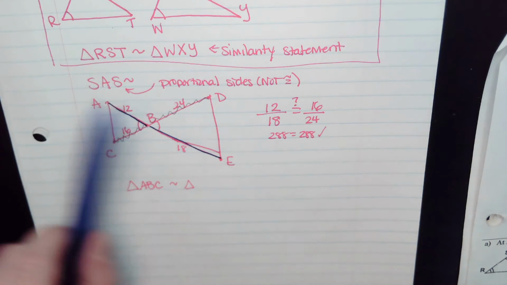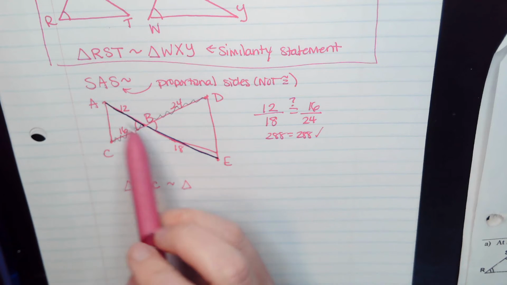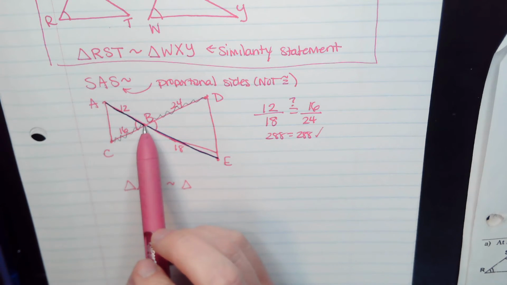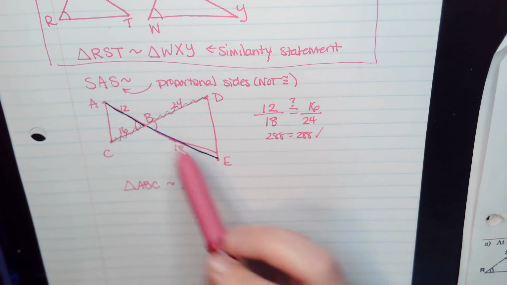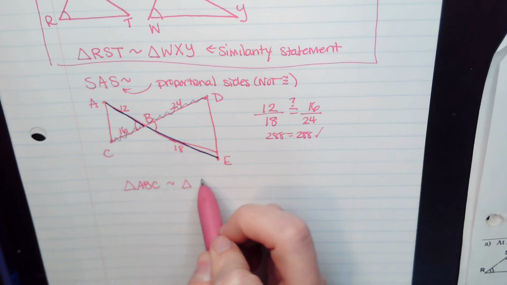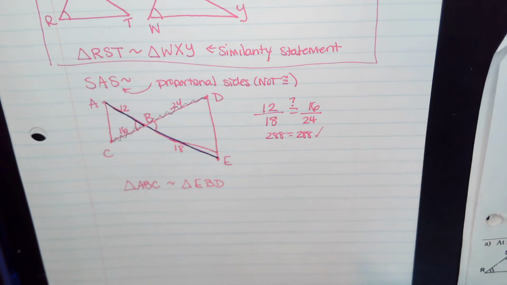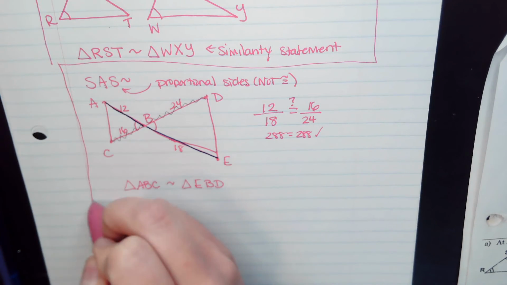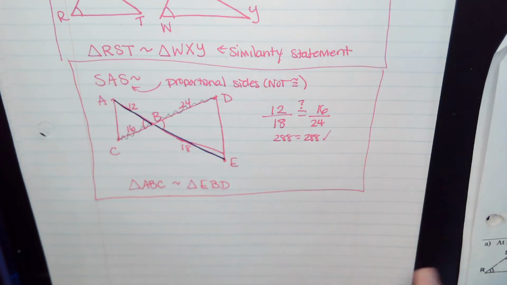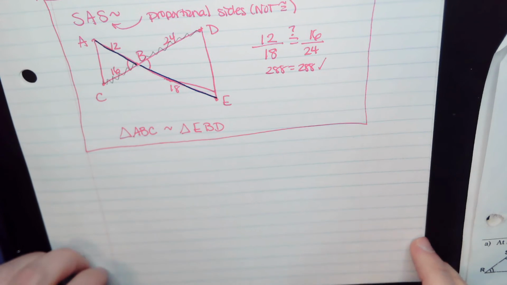So when I write that out, I'll have A, B, C. So A to B is purple, so I want to start here. E to B is also purple. So that would be E, B, and then D. So that is the second way of proving the triangles similar.